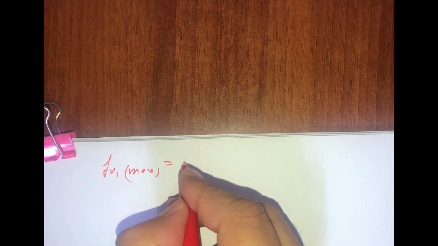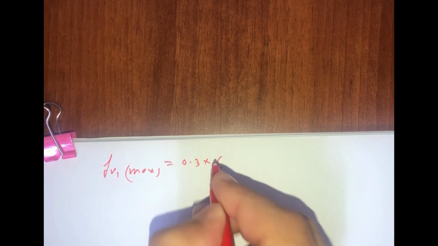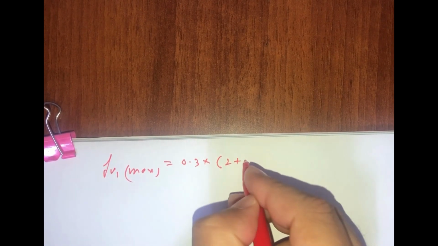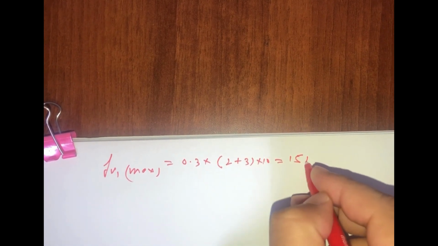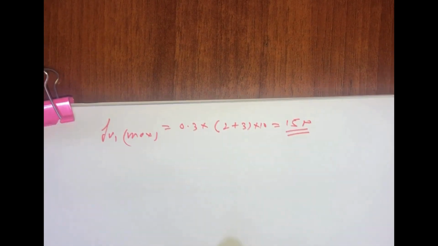Now we find out FR1 max. We already have coefficient as 0.3. Weight will be equal to 2 plus 3 into 10, so this will be coming as 15 Newton.